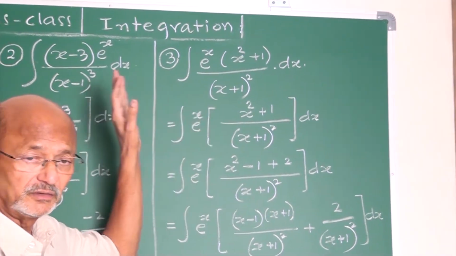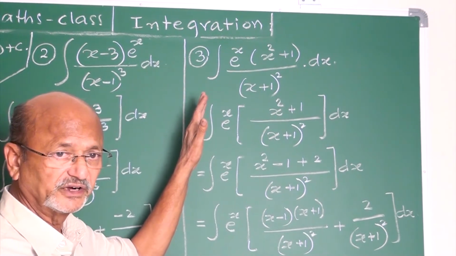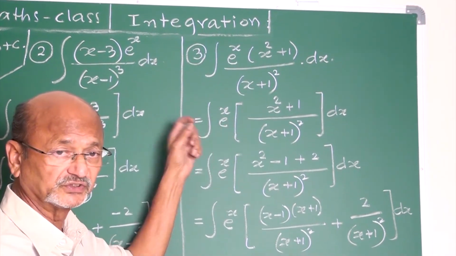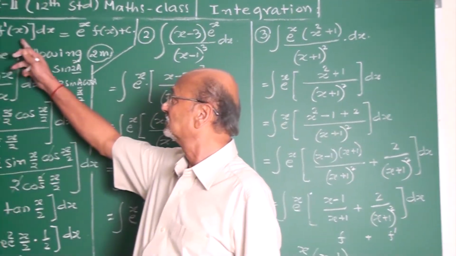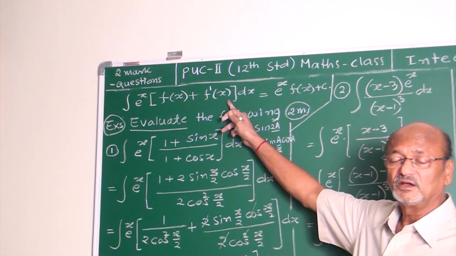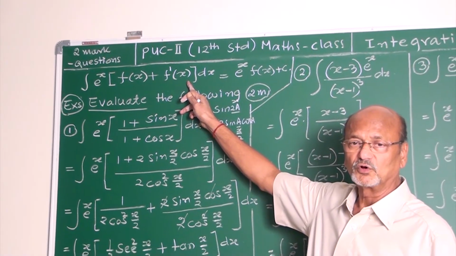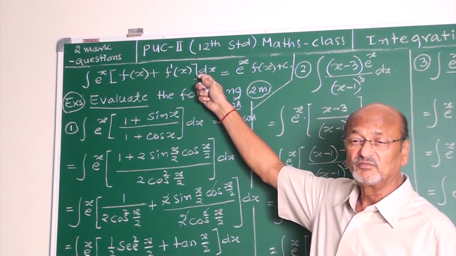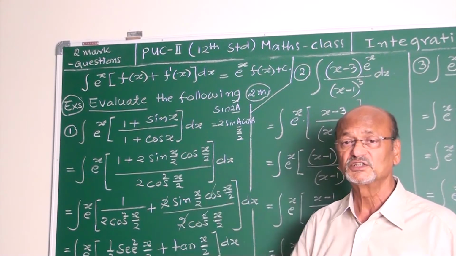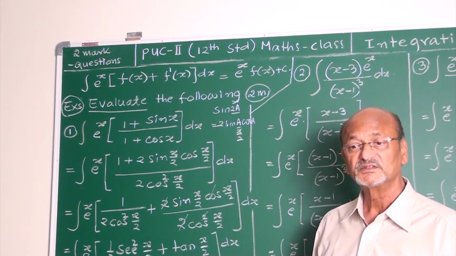It is there in my videos. I have done so many examples based on this. If you want to know more examples, you can refer to my videos done for the main exam, your board exam. I have done everything in detail. Even twisted questions I have done. Just refer to them.